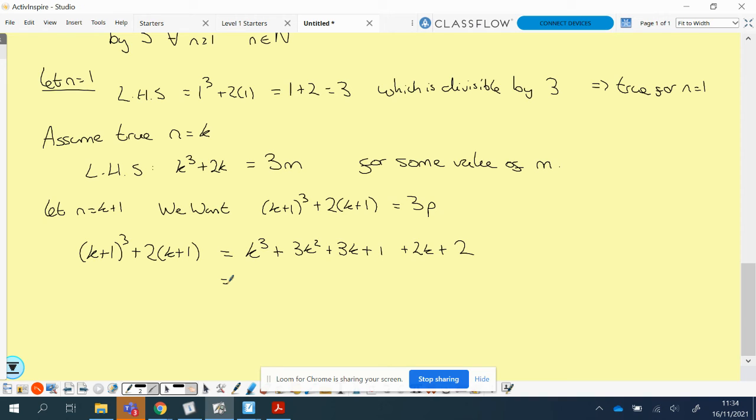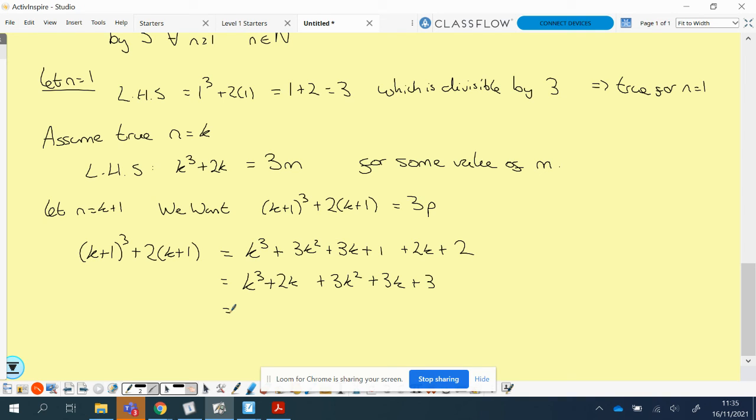I'm going to put all that to the front, so I'm going to have k cubed plus 2 lots of k, with the 2k just after the k cubed. Then what I'd have left is 3k squared plus 3k plus 3, so it's got all the rest of the terms after that.